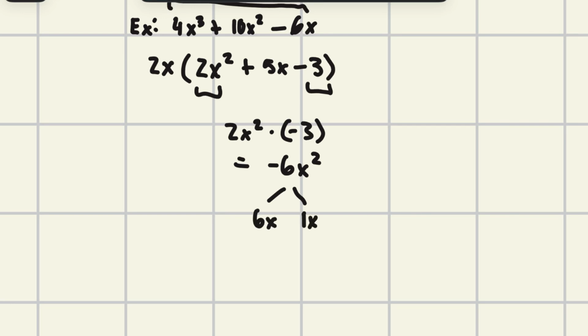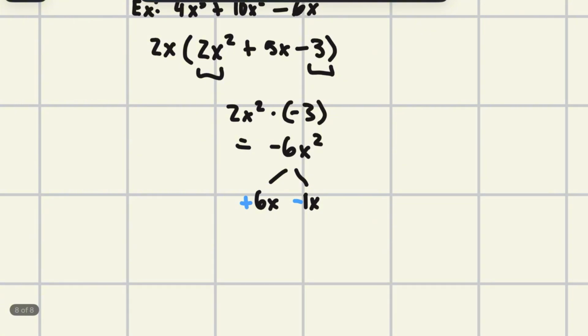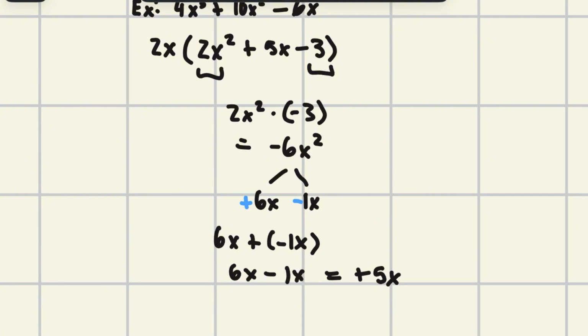Now our first sign is positive, so our larger number has to be a positive. And our second sign is negative, so our second number has to be the opposite sign of the first number. Now let's add 6x plus negative 1x. That gives us 6x minus 1x, which gives us positive 5x.